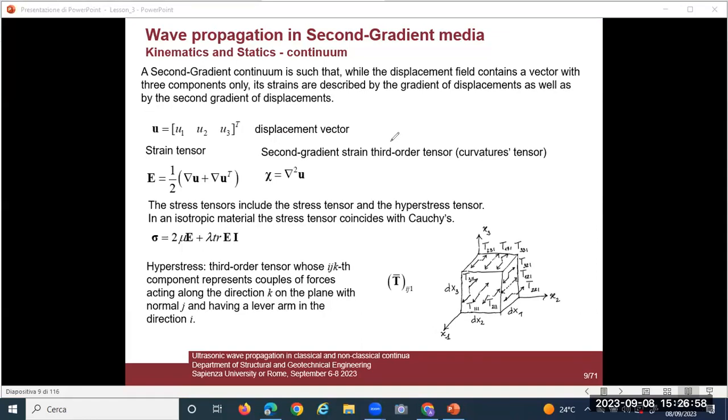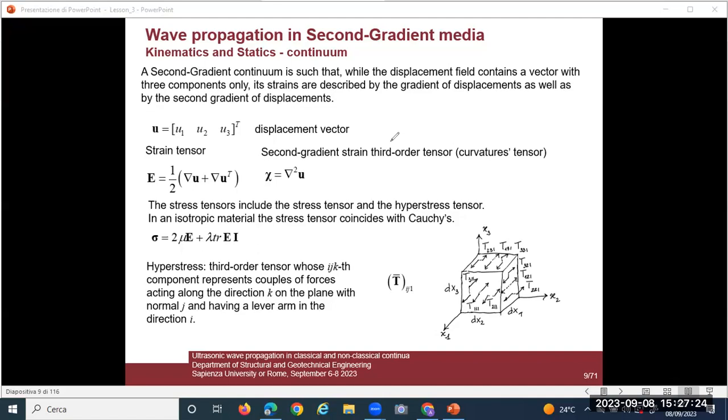Okay, so right now we have seen the transition between a system of discrete particles and a second gradient continuum. Is it clear? And now I will enter into what is presented in books and articles as a second gradient continuum.